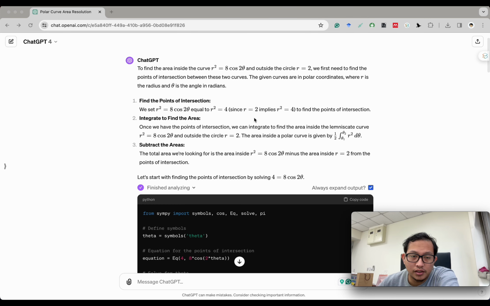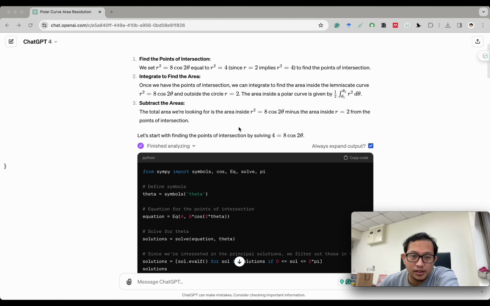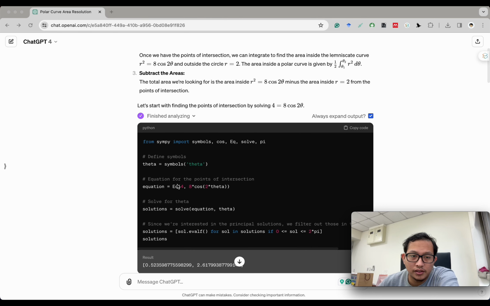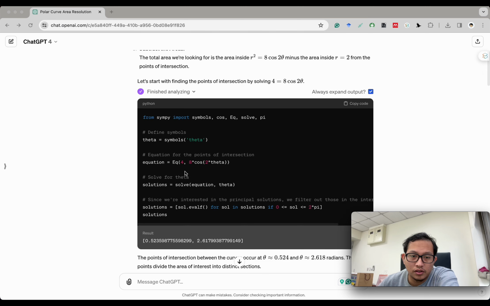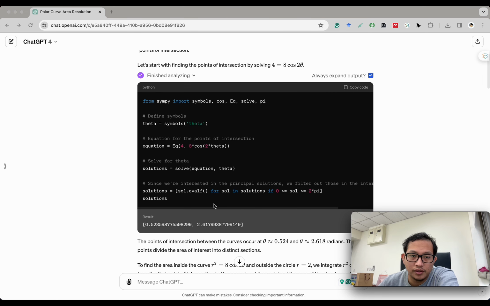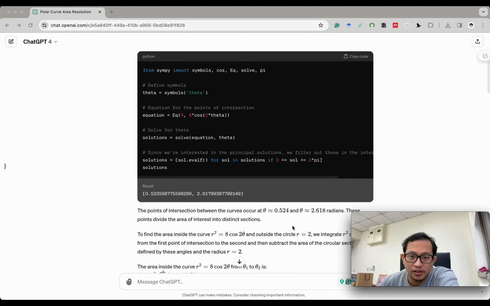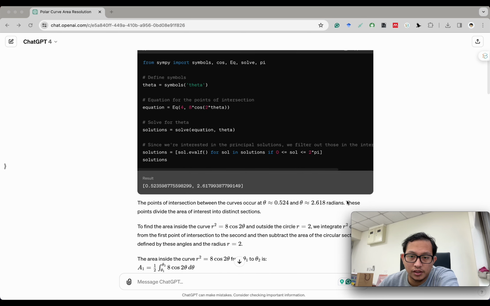It analyzes, writes some code, and gives the solutions between the intersections. The result it gives is 0.5, equal to 2.6 radians.